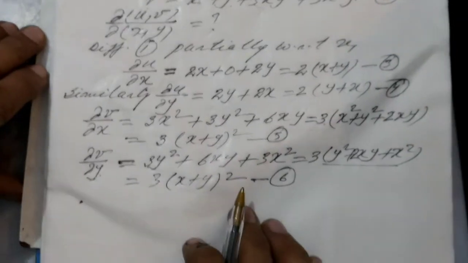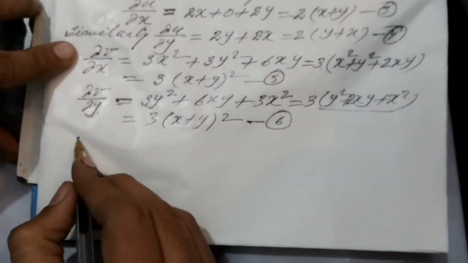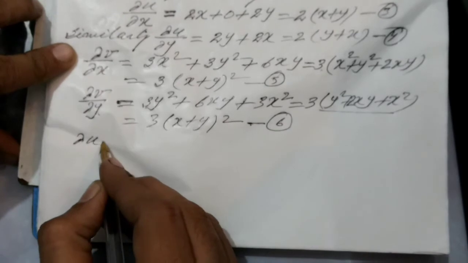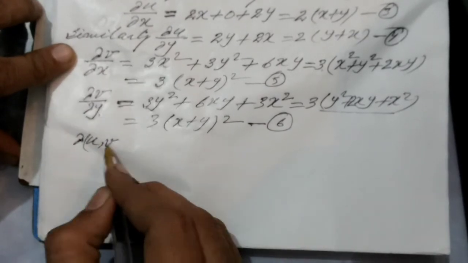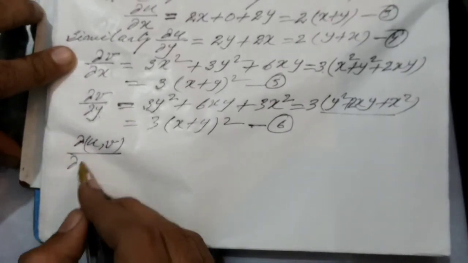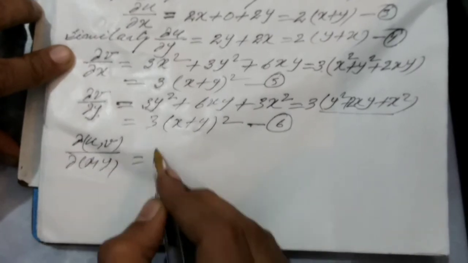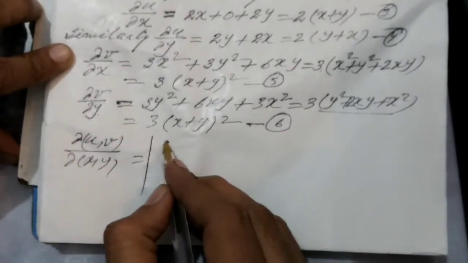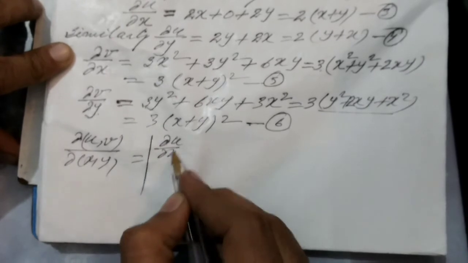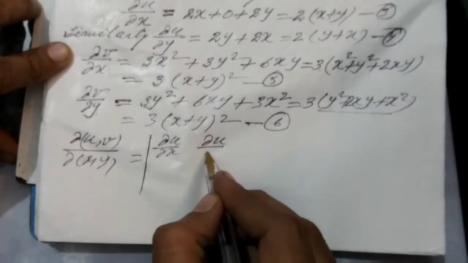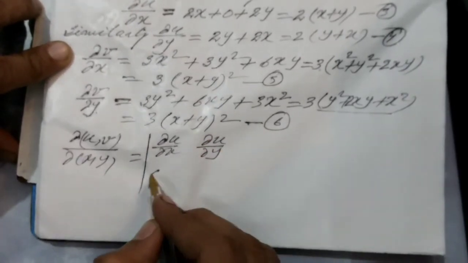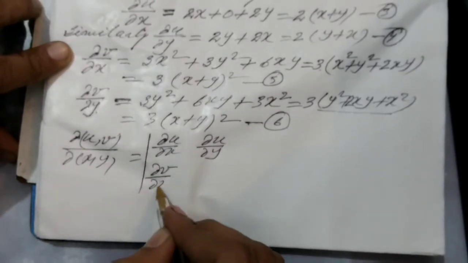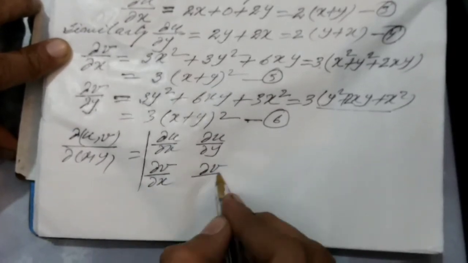So now we may find Jacobian of u and v with respect to x and y, which is simply determinant del u upon del x, del u upon del y, del v upon del x, del v upon del y.